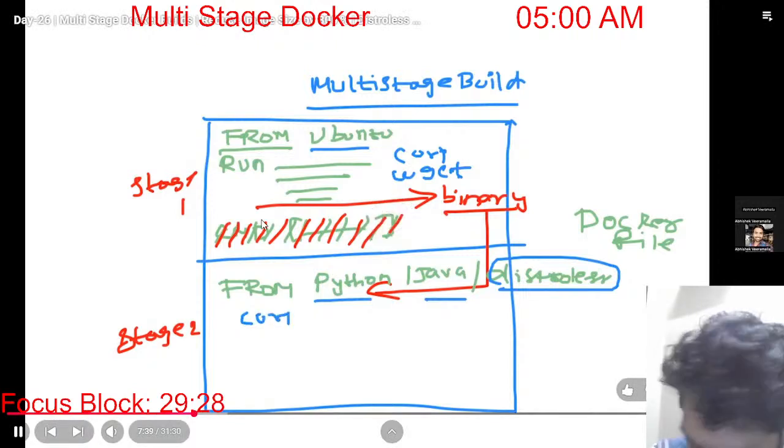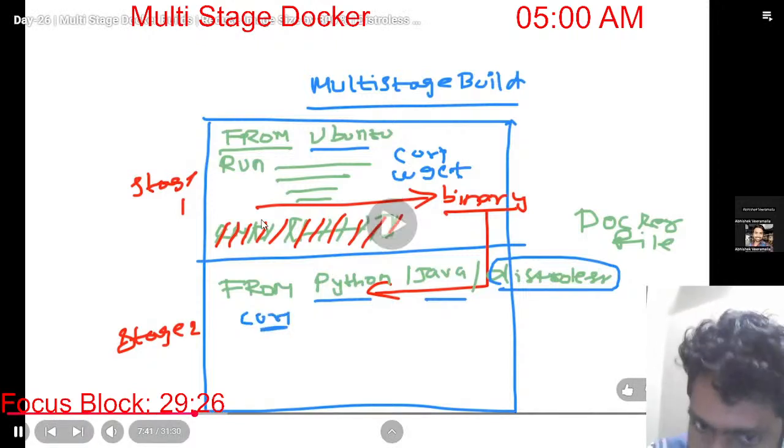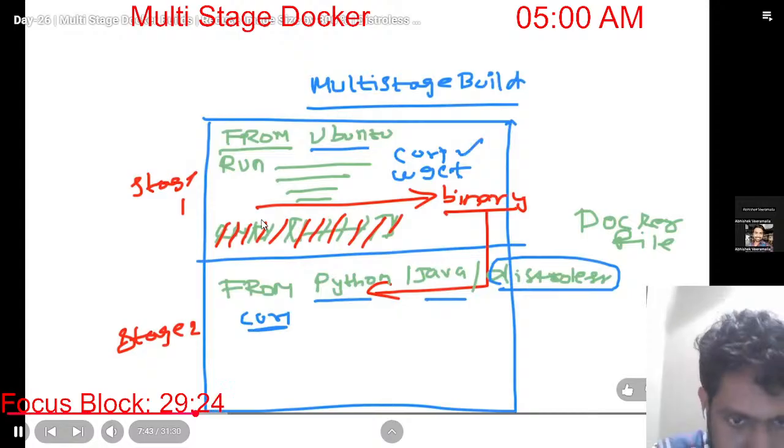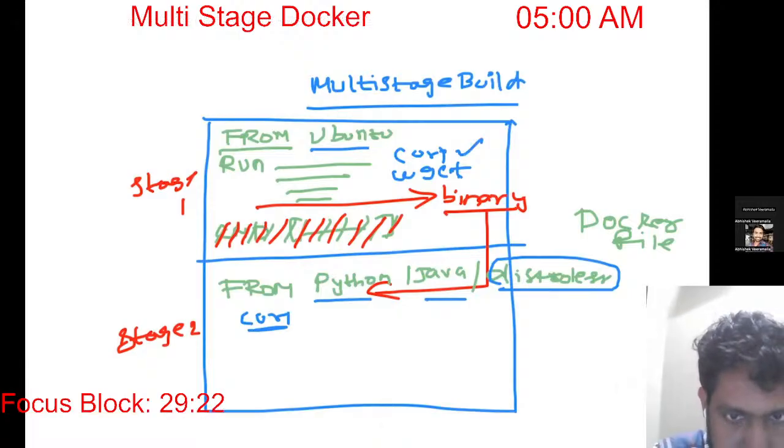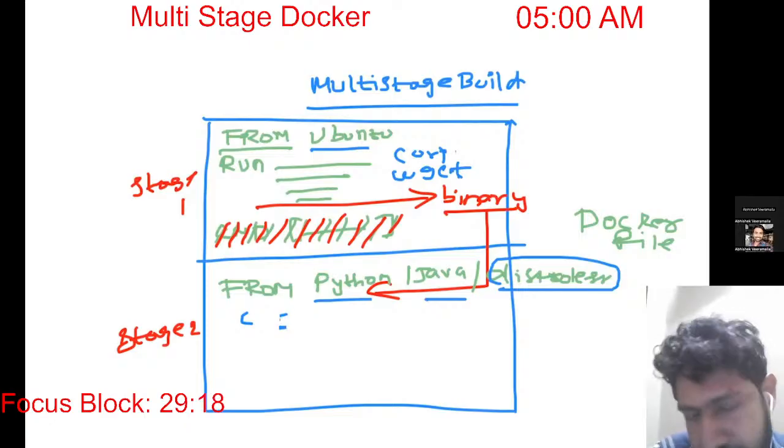Okay, so you don't have to install curl because curl was only required during your build process. During your execution stage you don't require curl because you only have to run.